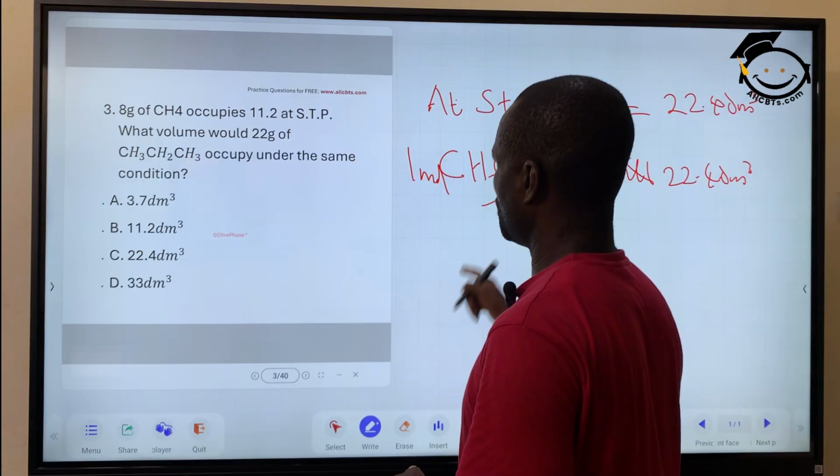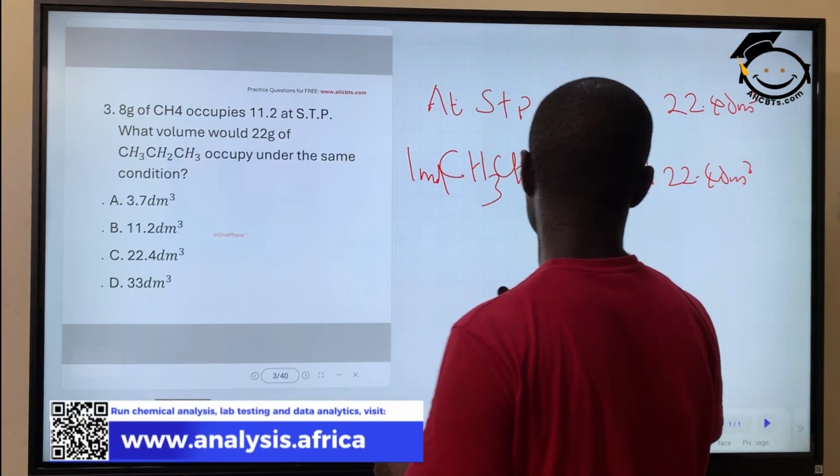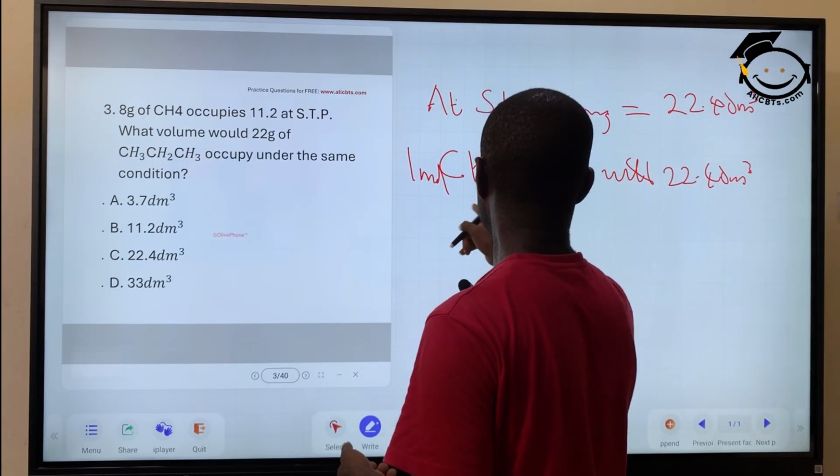So how many moles will occupy 22 grams? 1 mole is the molar mass of this.